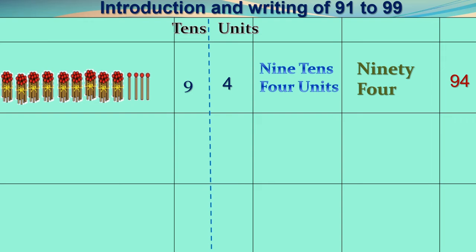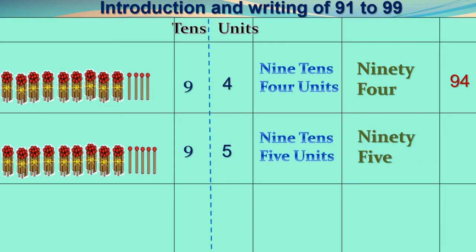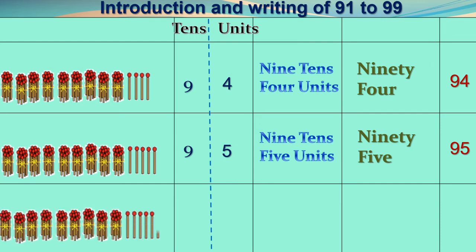Right? Yes. Now we are going to add one more to 94. So we got 9 tens and 5 units. That is nothing but 95. 90 and 5.